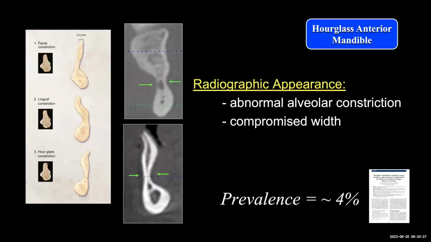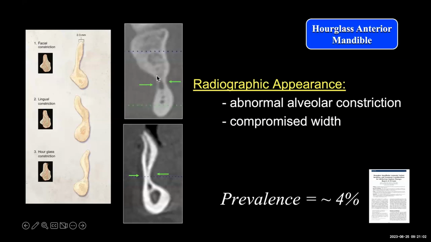Now, studies show about 4% of patients will have some type of constriction. It can be a facial, lingual, or an hourglass constriction, but it's an abnormal constriction and it compromises the width of the bone. So on this cross section here, you can see we have plenty of width of bone.